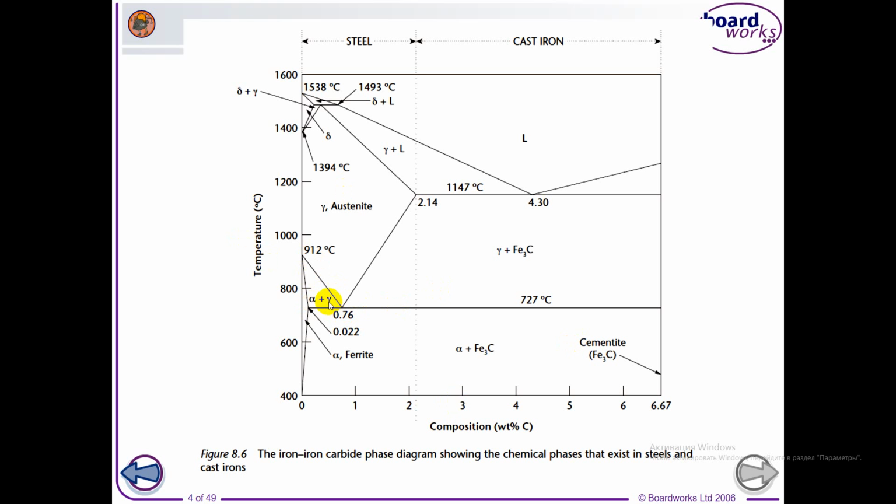As the temperature is increased further, the gamma austenite transforms to delta ferrite.